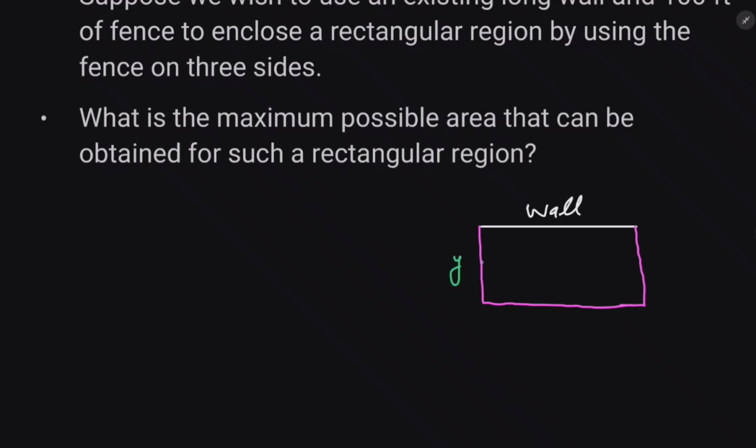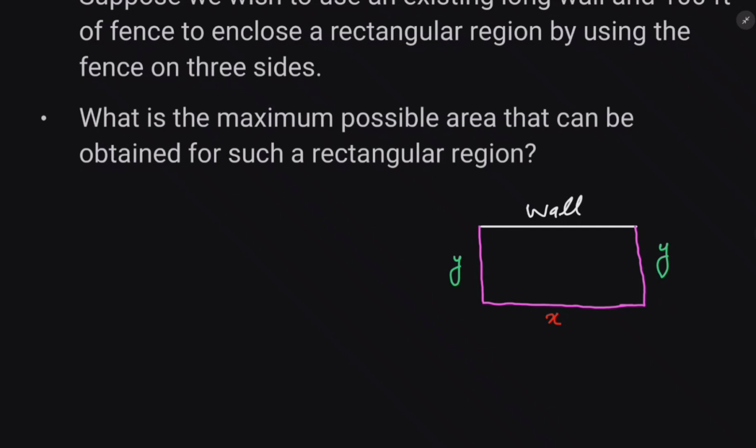For example, I call this y. Since in a rectangular region two sides are equal, the other side is also y. The third side we call x.